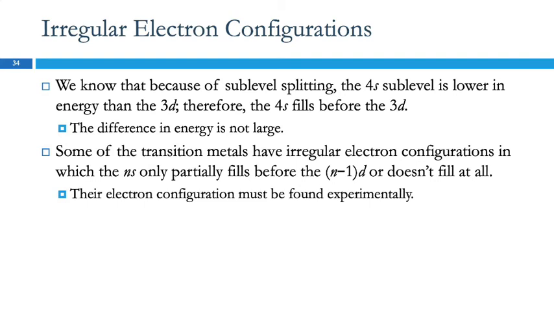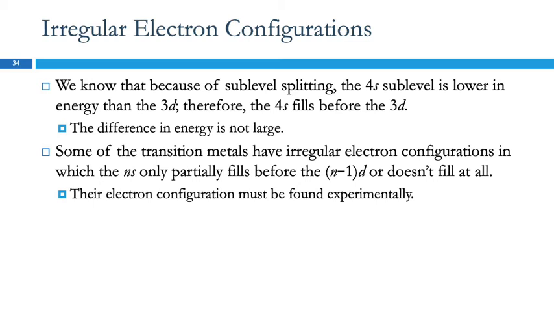Okay, so all of that being said, there are some irregular electron configurations. Basically, you need to know that these exist, and I'm going to try to give you some kind of reason for why it happens. So we know that the 4s sublevel is lower in energy than the D, and so the 4s fills before the 3d.